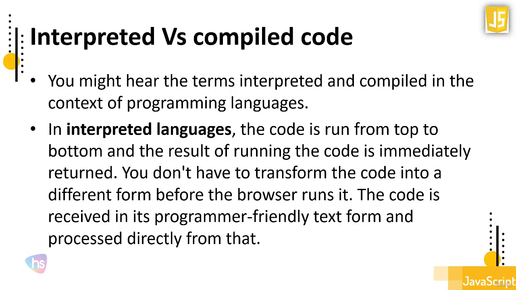Interpreted languages means the code runs from top to bottom, and you get the result of running the code immediately. You don't have to transform the code into a different language, such as an intermediate IL language, byte code or binary code. The code is received as programmer friendly text and processed directly by the browser, and it is displayed there itself. This is called an interpreted language.